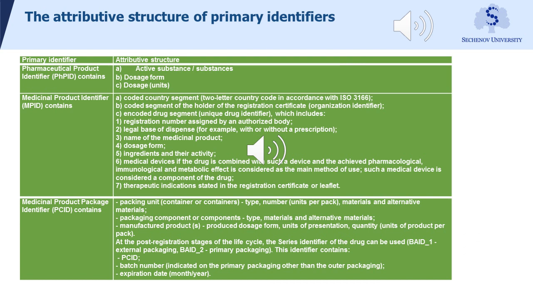We can separate several levels of depth in description of medicine. First of all, it is pharmaceutical products identification. It contains active substances, information about dosage, and its units.